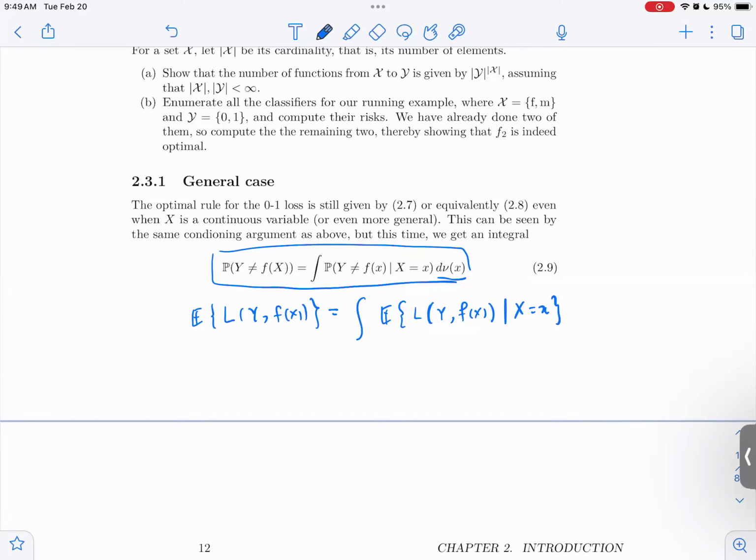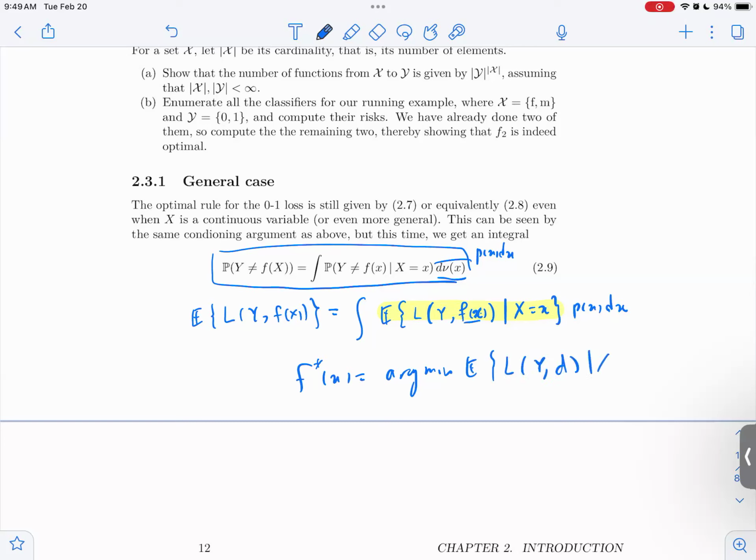You can think of this as just p of x dx, the marginal density of x. This part I can't control. This one I can minimize. So it follows that the optimal rule is the argmin, which I can control, of the expectation of L of Y and d, where I put a d here, conditional on X.